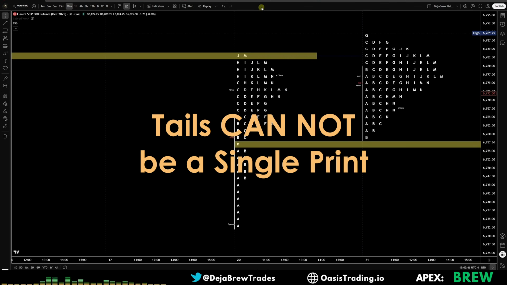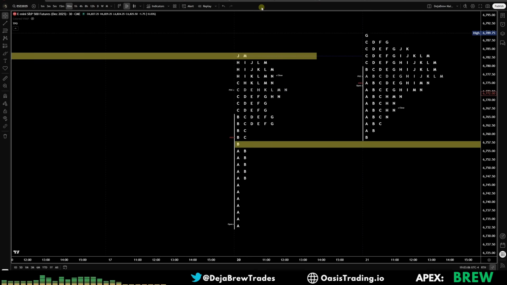A proper single print is inside of the day. It is not the upper tail. It is not the lower tail. Yes, you can argue they are technically a single print where they are a single letter, but they are not traded as a single print would be traded. The proper single prints are during the inside of the day.